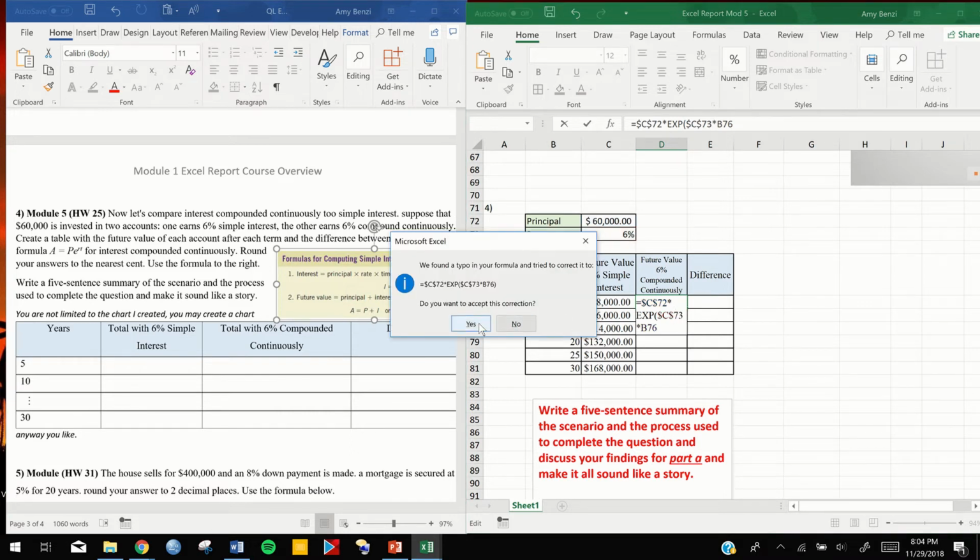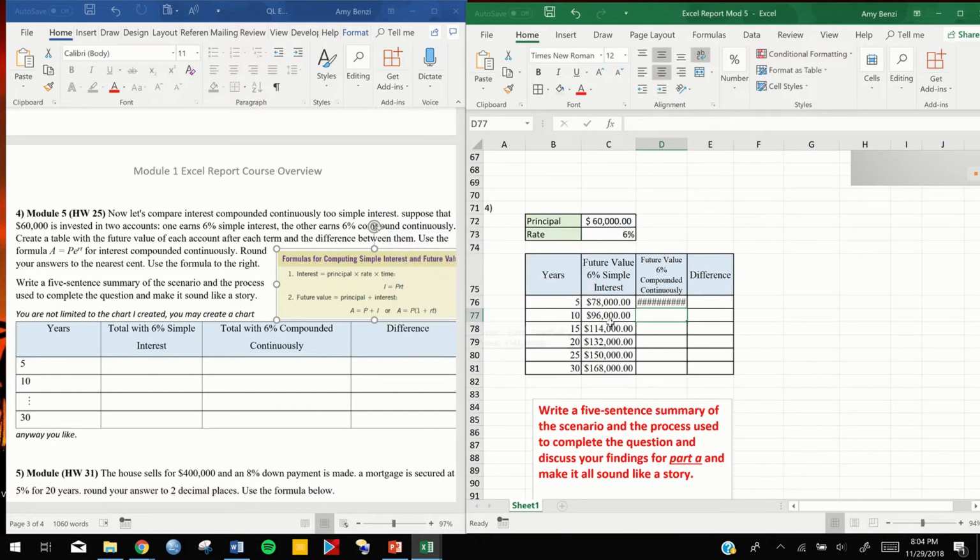What, did Excel find a typo? Not sure what it was. I'm not sure why it came up with those number symbols, so I'm just going to make my font smaller, and that was the problem. So always try stuff, folks, before you email me. Just try a couple different things. Change your font.